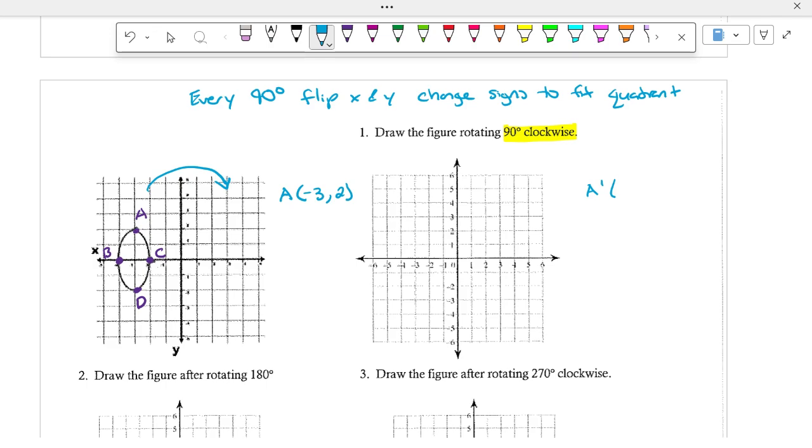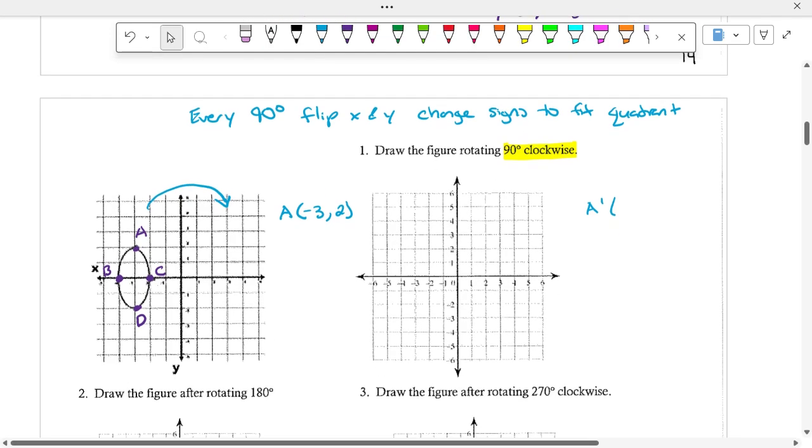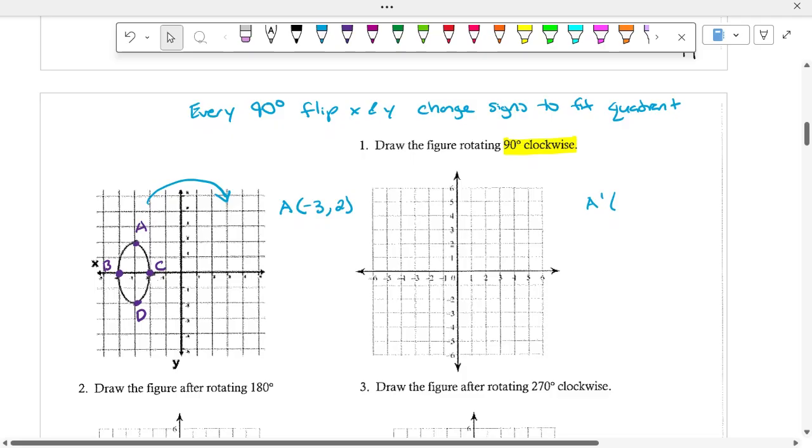Flip x and y first. If I flip x and y for A, what do we get? 2, -3. Then if I change the signs to fit the quadrant, what has to be true about quadrant 1? The signs have to be both what? Positive.